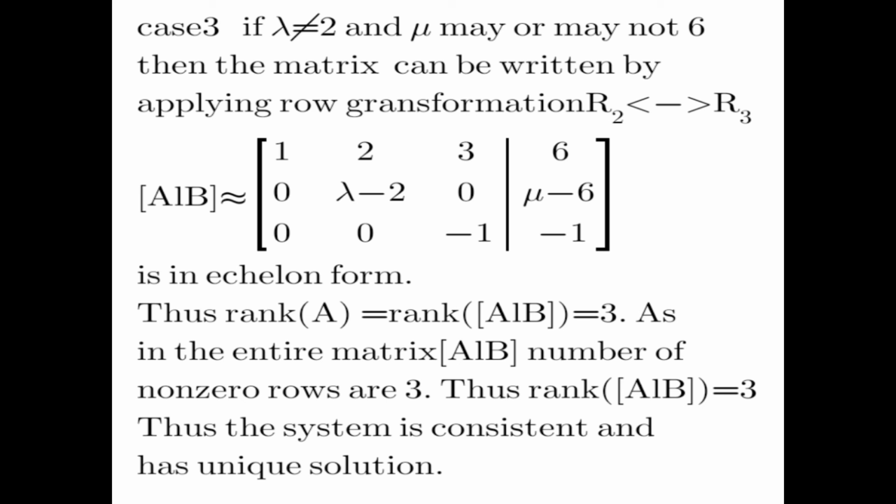Therefore there will be 3 non-zero rows in the A part also, and if you consider the entire matrix AB, there will also be 3 non-zero rows. So rank of A is equal to rank of AB is equal to 3, and as the number of variables is also 3, this common value equals the number of variables, therefore there is only a unique solution.